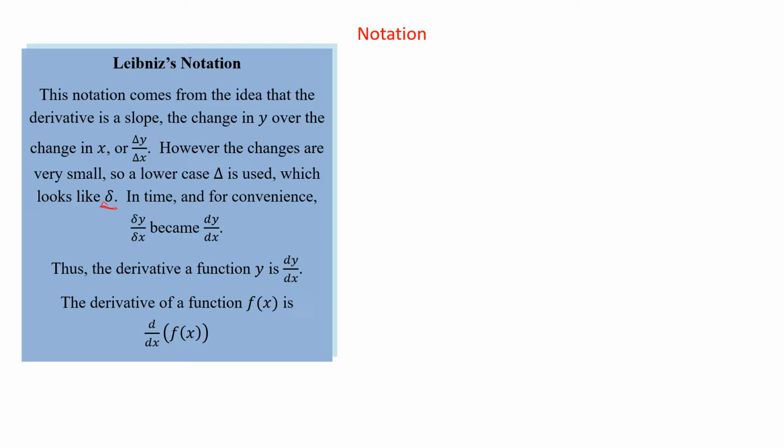So for Leibniz's notation, the derivative is dy over dx, which we could also use if we have a function. We can go d over dx of the function. For example, if we wanted to have the derivative of the inverse sine, we could write d over dx of inverse sine of x.